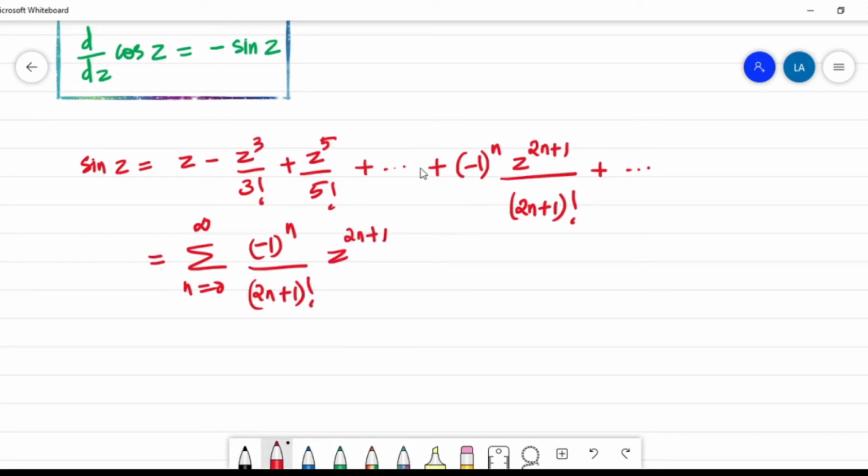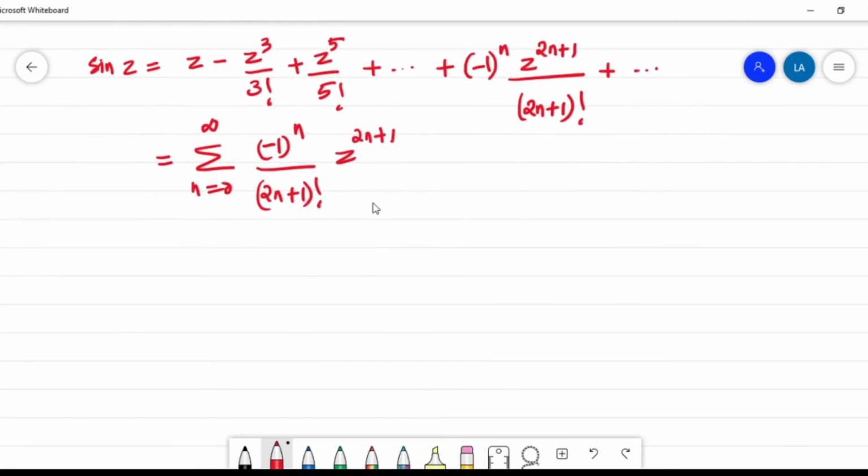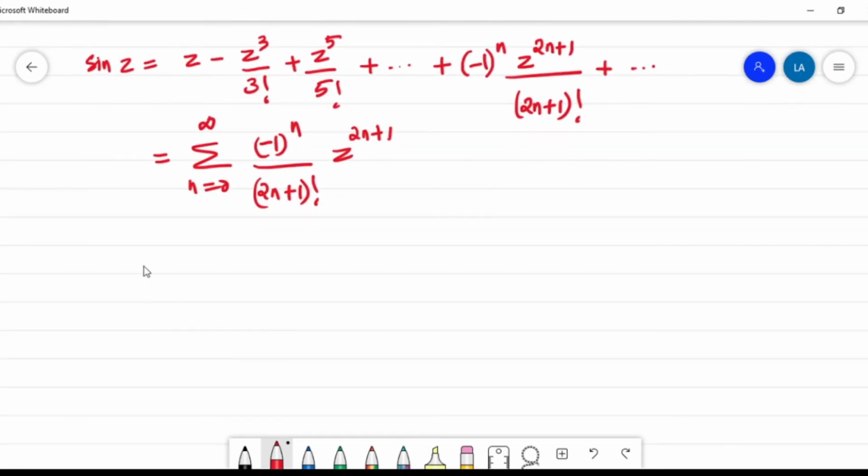Okay, so we are changing it into the same form as the power series, that is summation n is equal to 0 to infinity a n into z raised to n. Note that 2n plus 1 will mean that it is an odd number.